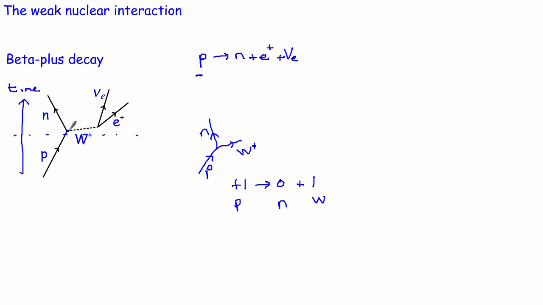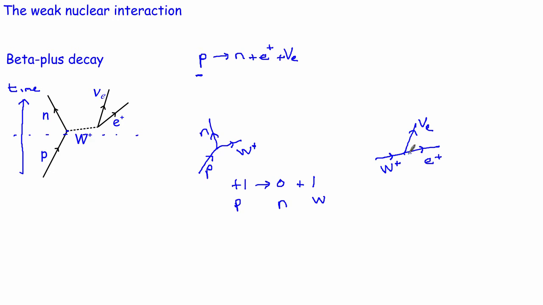Okay, and then the W particle comes along and it doesn't live for very long, and it decays into our positron and our neutrino. Again, if we look at this particular vertex, we've got our positive W particle coming along. It's decayed to our neutrino and also this positron.